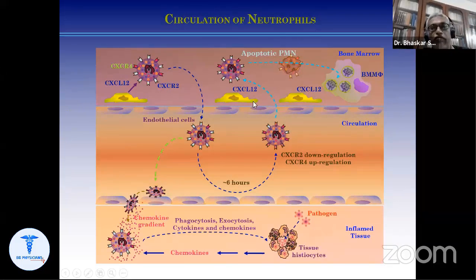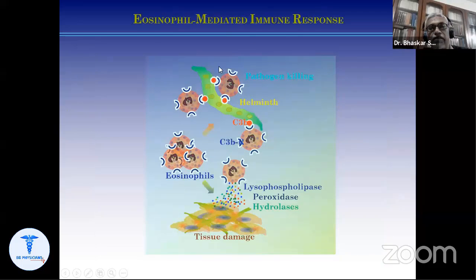And these are neutrophils, which are released from bone marrow, and then they stay in the circulation for 6 hours, and within these 6 hours, they can migrate to the inflamed tissue. And after they kill these pathogens, they can go back to the bone marrow, where the bone marrow macrophages take up these apoptotic neutrophils to keep the balance.